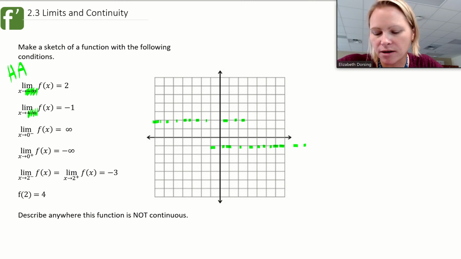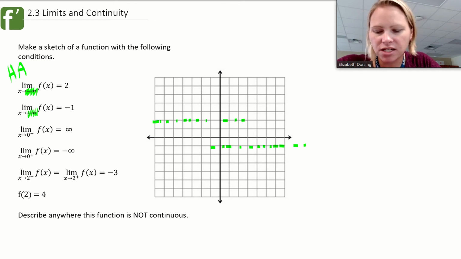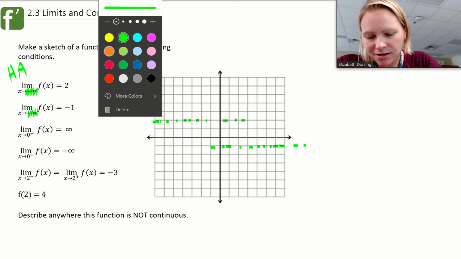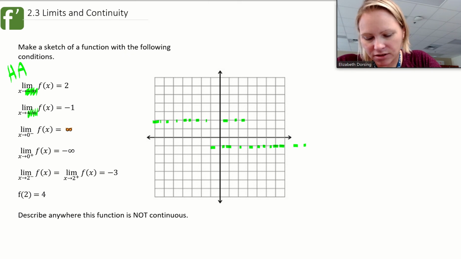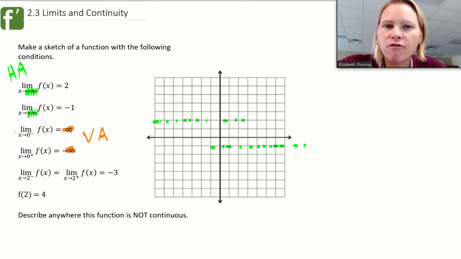So I'm going to put some dashed lines in there just to remind me I'm going to have some asymptotes there. Now, the next thing says the limit approaching 0 from the left and from the right are these infinities. When I see that, that is an indicator that I'm going to have some sort of vertical asymptote. So this first one says approaching 0 from the left.